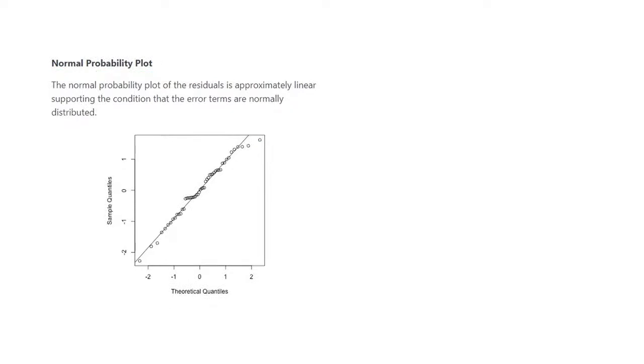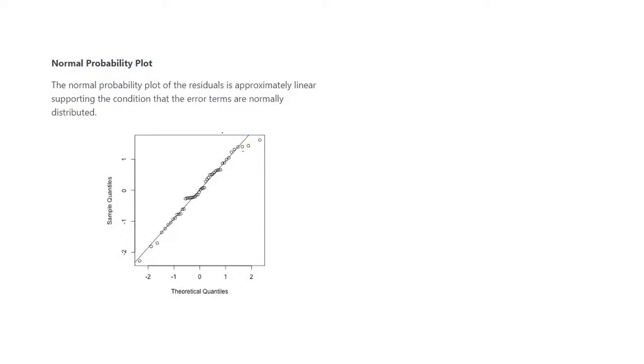So, okay, here we observe that the normal probability plot of residuals is approximately linear. These dotted points are the sample quantiles. The points are close to this straight line, which means the sample quantiles are also close to the theoretical quantiles.